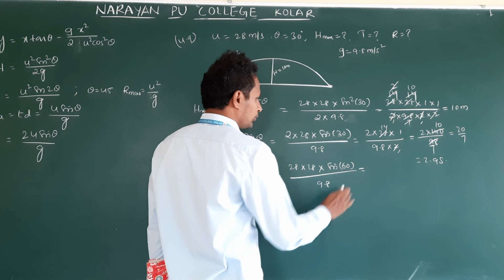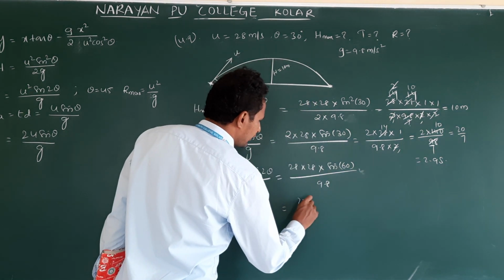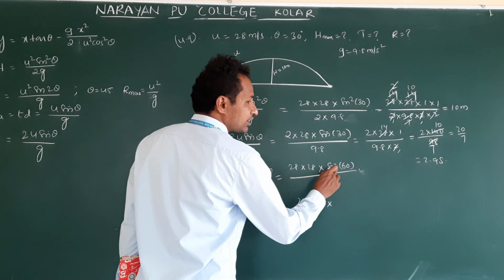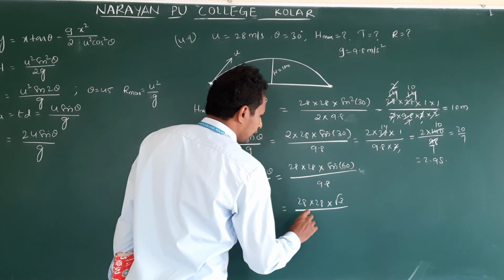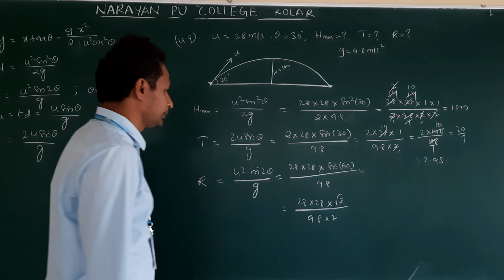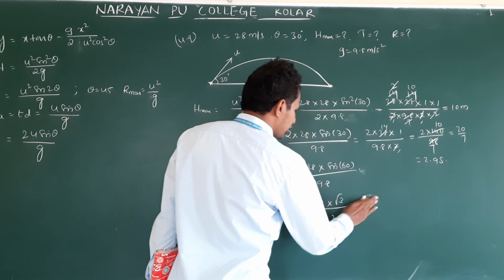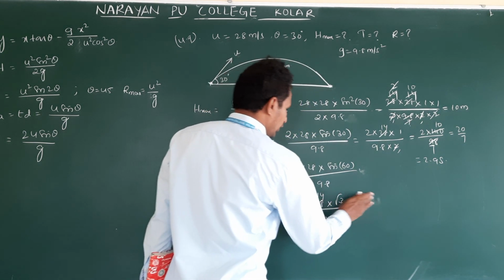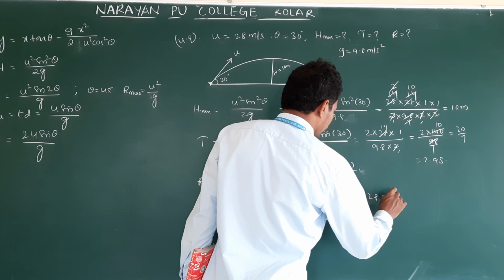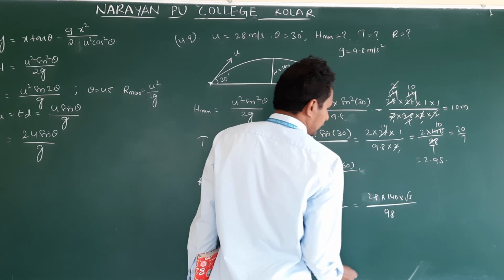This is equal to 28 into 28, sin 60 is root 3 by 2. Root 3 by 9.8 into 2. Clear? This we will write like this, or we cancel here 2 ones 14, or this we will write 28 into 140 into root 3 by 98.